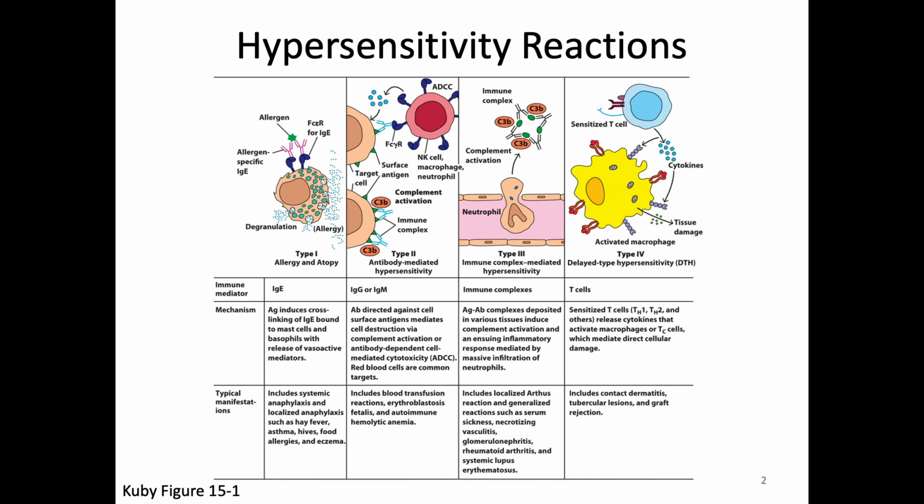Today we're going to talk about types 3 and 4 to sort of start out with. And so we're going to move into thinking about a type 3 hypersensitivity reaction.